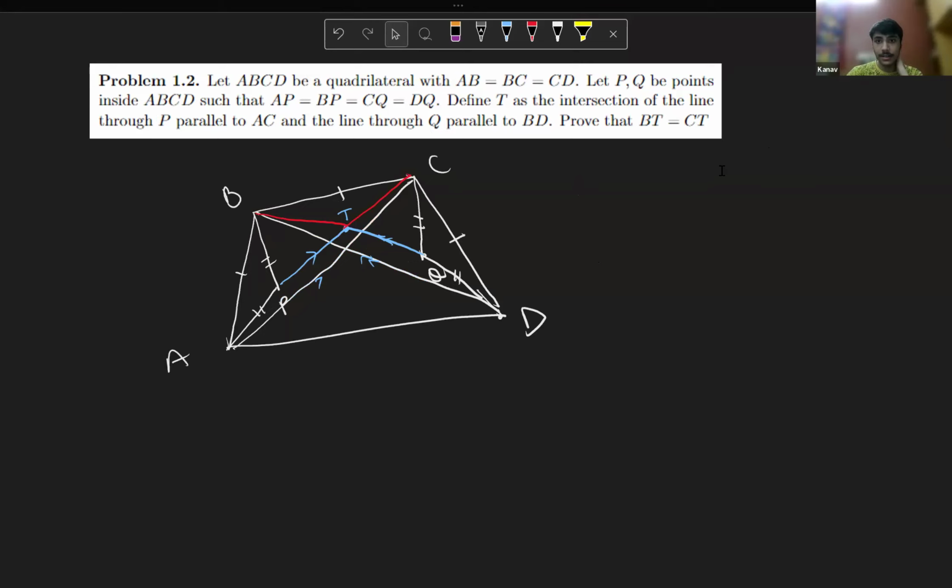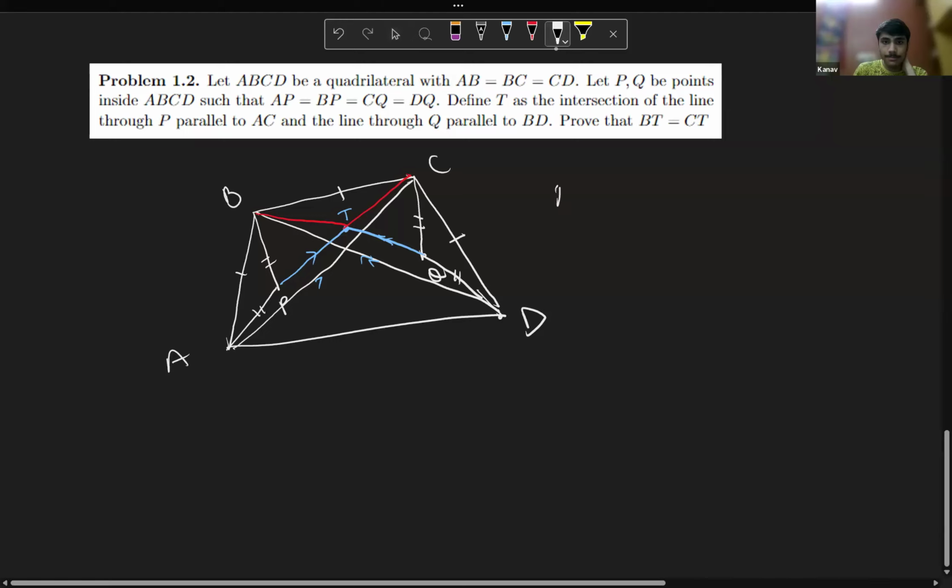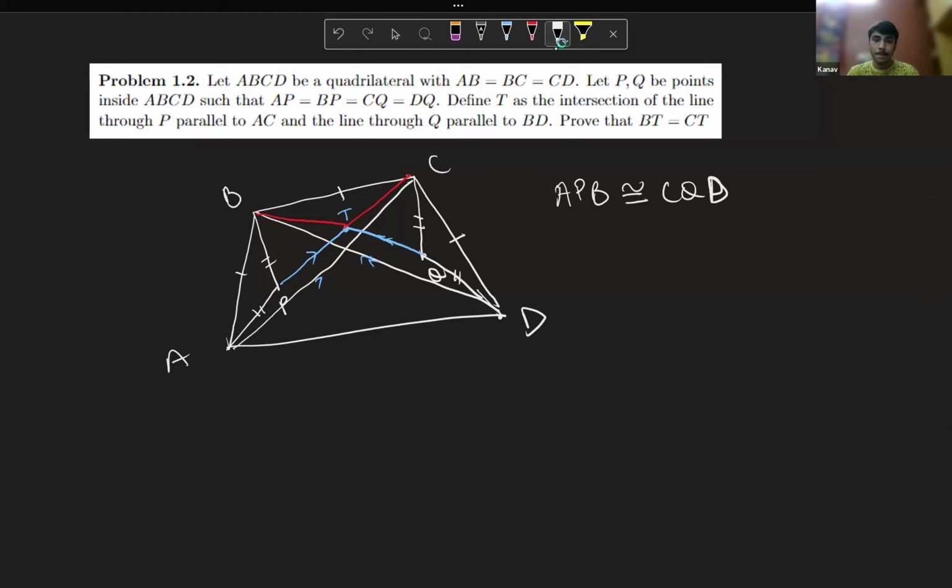Congruent triangles. Which triangles are congruent? APB is congruent to CQD. That is perfectly correct.